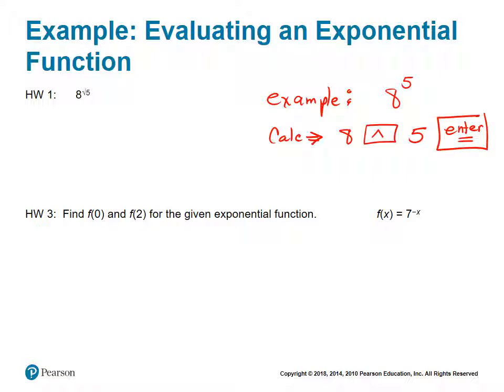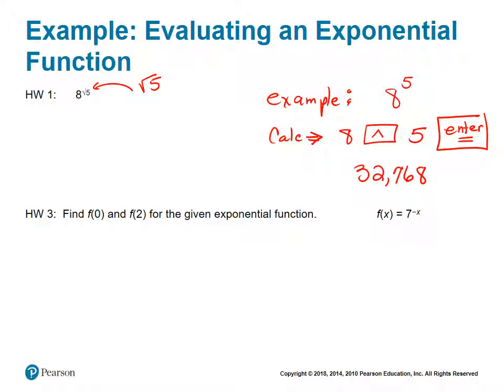Whenever you put in 8 raised to the 5th exponent, you will get the answer 32,768.